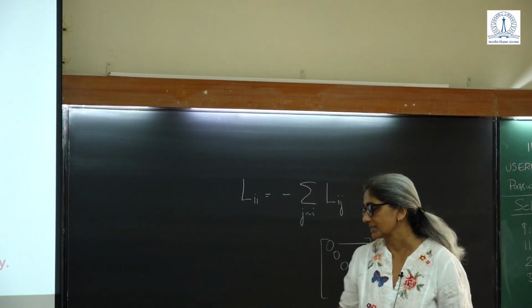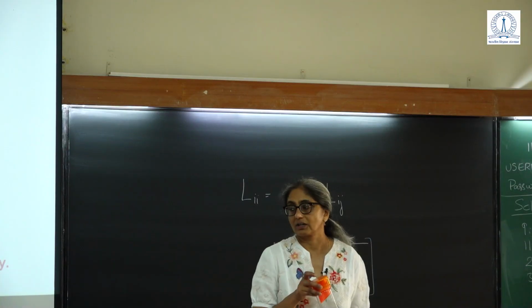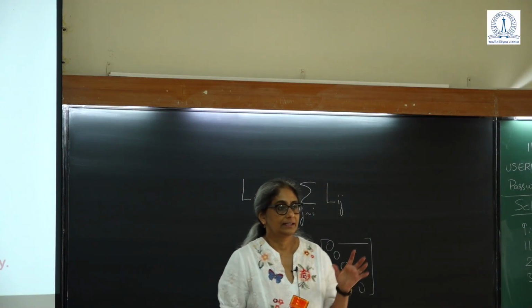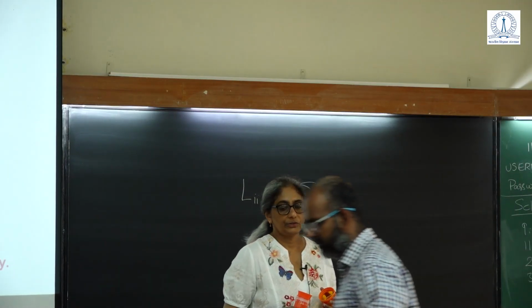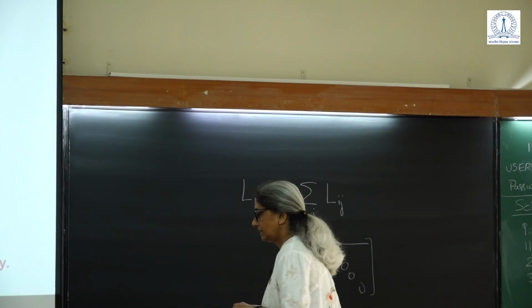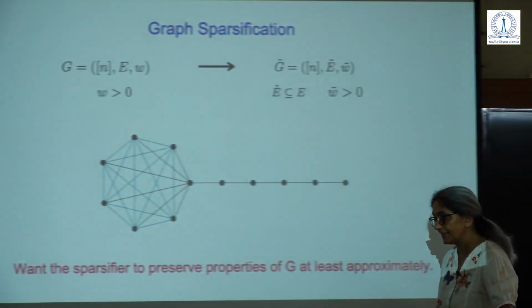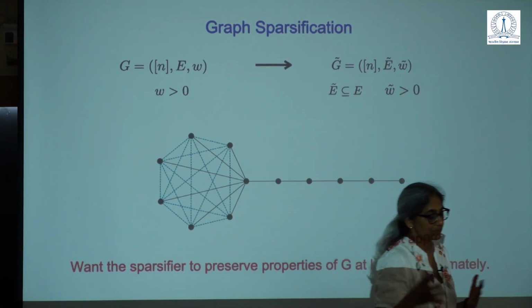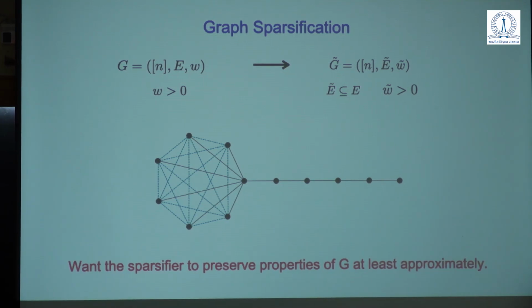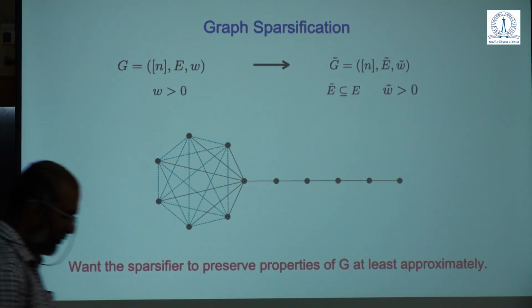But there are these big results in computer science that show that you can always sparsify graphs and guarantee that you will only be left with some number of edges that depends on the degree of the original graph and n. Okay, so this is the idea.